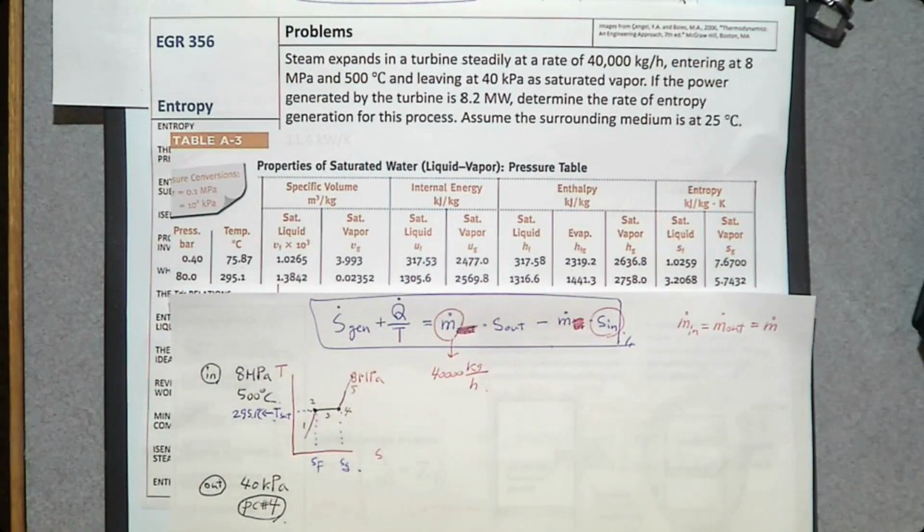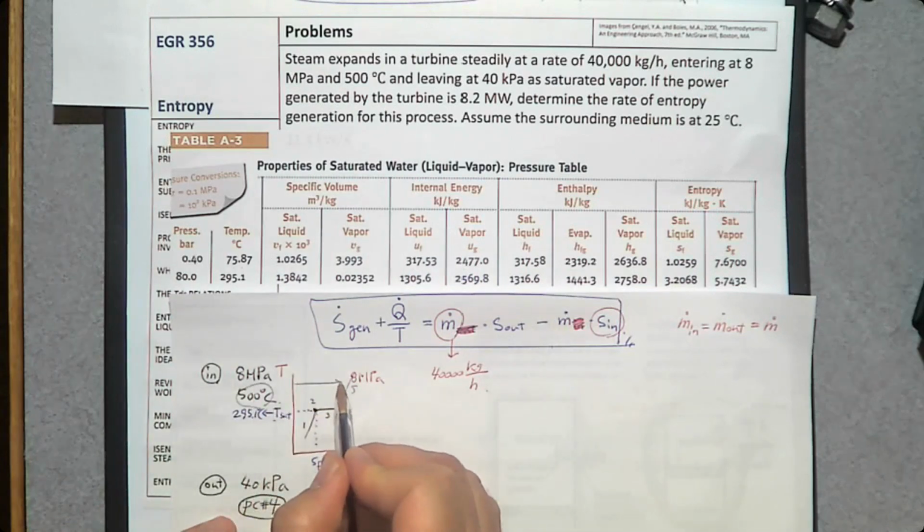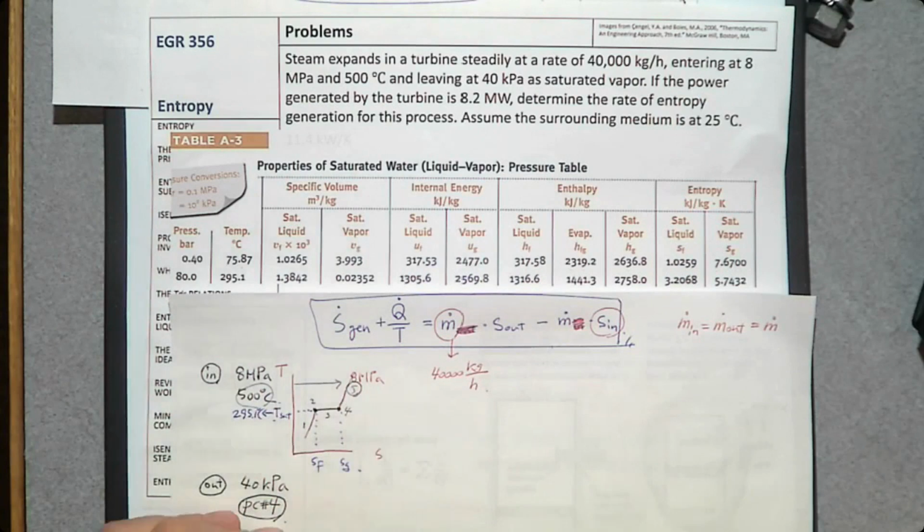So what is the temperature of the system? 500. This 500 degrees Celsius is greater than T sat. So 500 should be up here. The only phase change process possible at this temperature is number 5, superheated vapor, right? So at 500 degrees Celsius, we have superheated vapor.